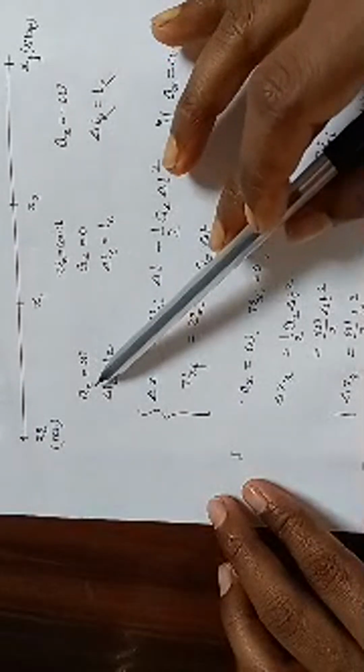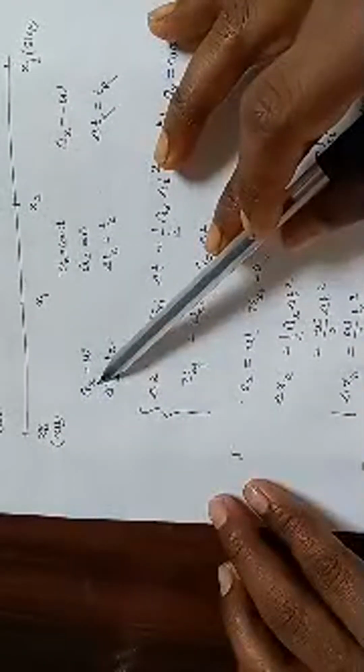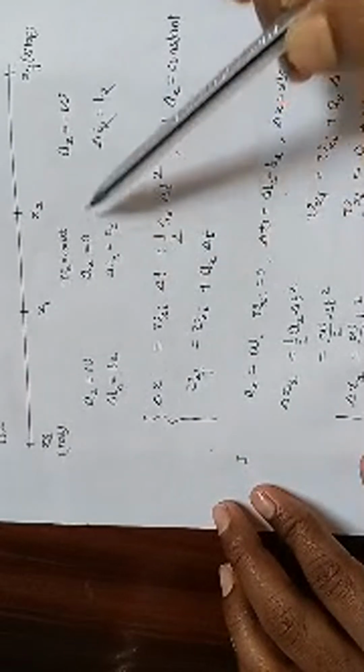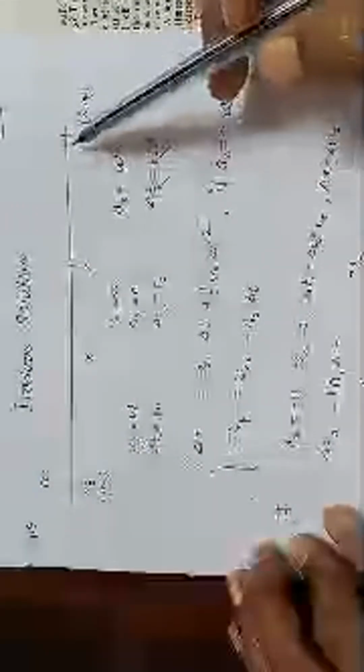Now, the x component of acceleration is taken as this. In this case, acceleration will be 0, and it is minus because it is the retarding case, so the direction of acceleration is opposite.